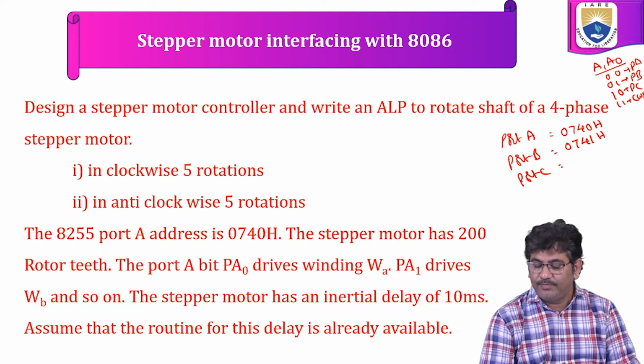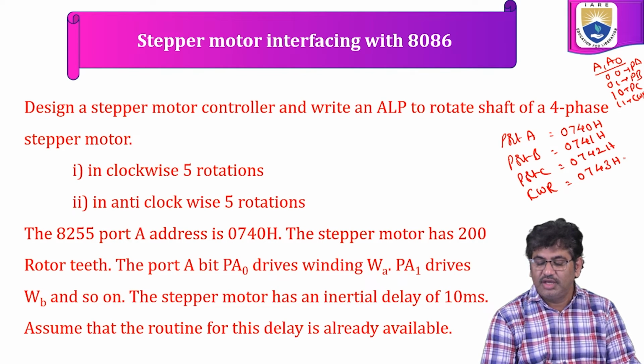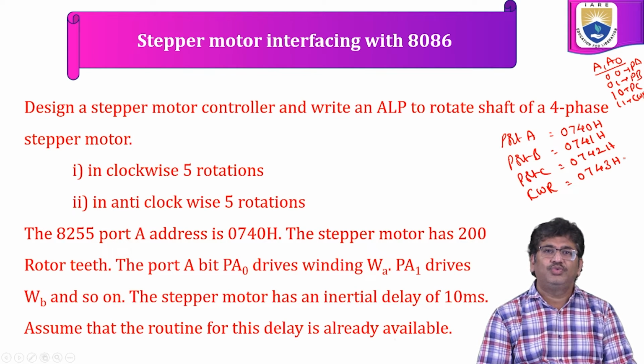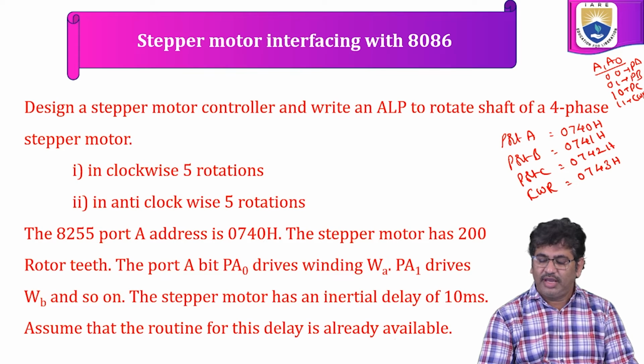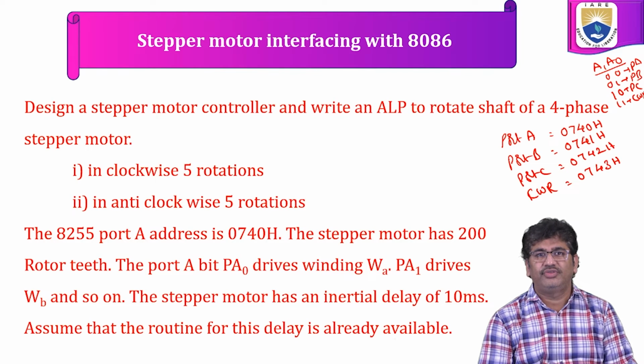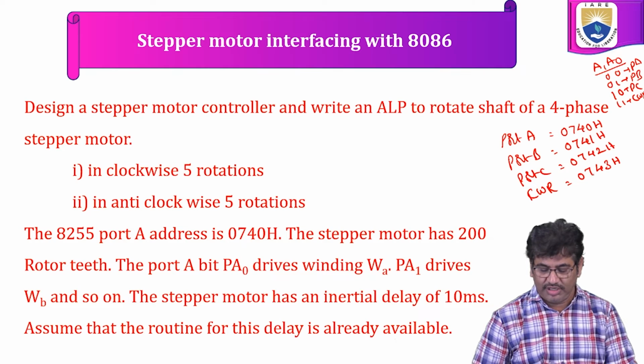For port C, the address is 0742H, whereas for the control word register, the address is 0743H. This is the address scheme we use for data transfer between the ports: port A 0740, port B 0741, port C 0742, and the control word register 0743H.